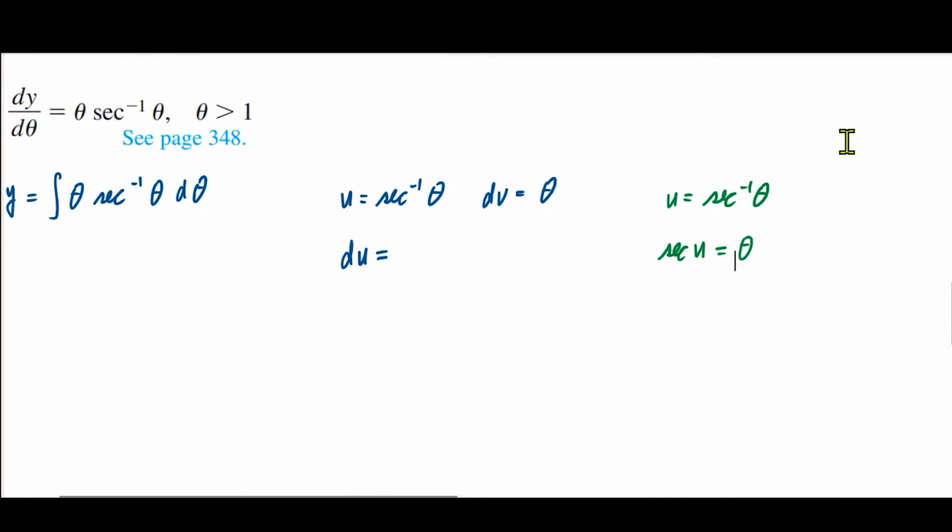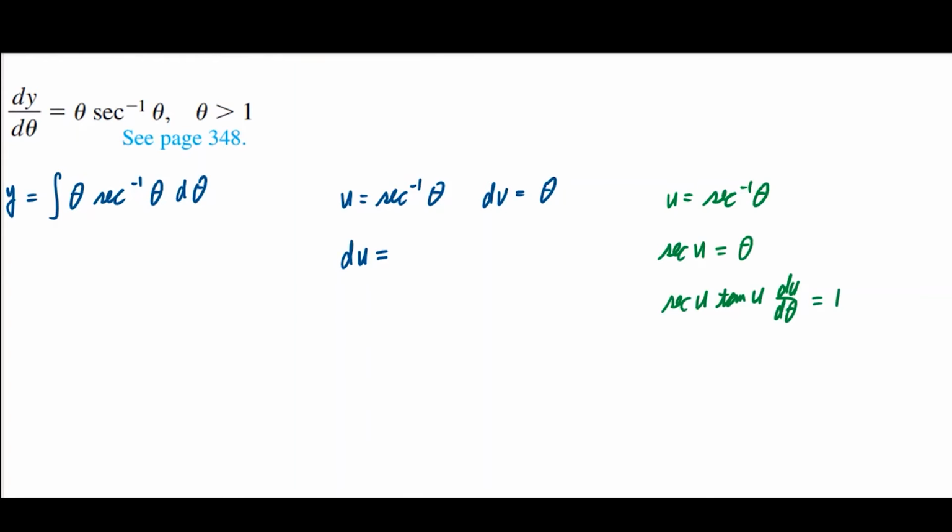Then we can differentiate implicitly on both sides. So this becomes secant u tangent u du over d theta, and the other side becomes 1.